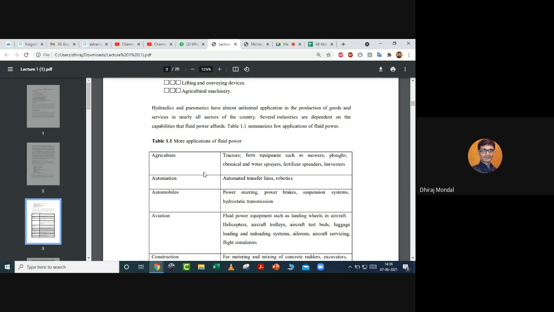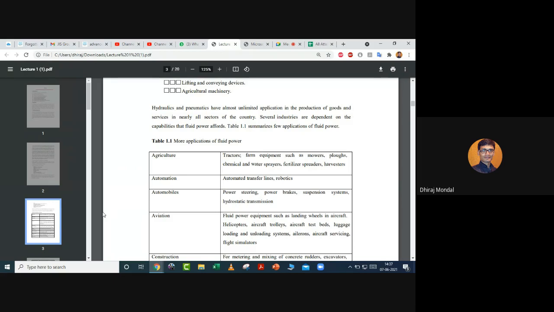These are the things mainly based on this equipment. If you are minimizing human effort and giving maximum output, then why would I not buy this particular machine? So this is the thing.